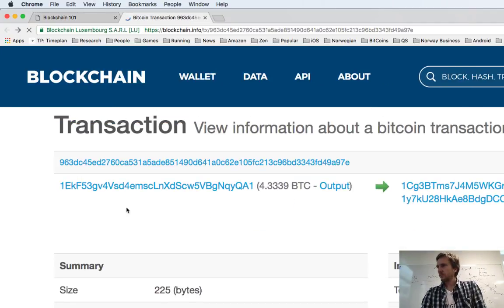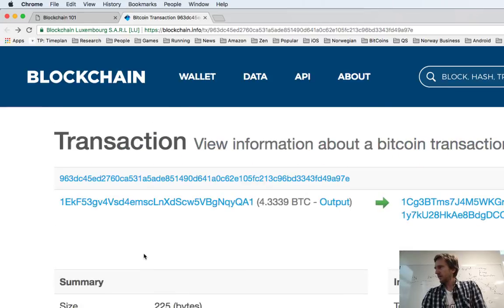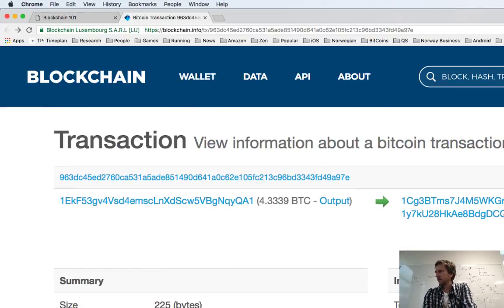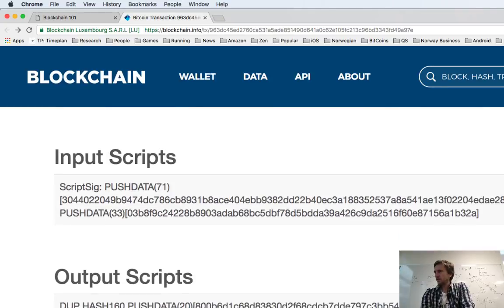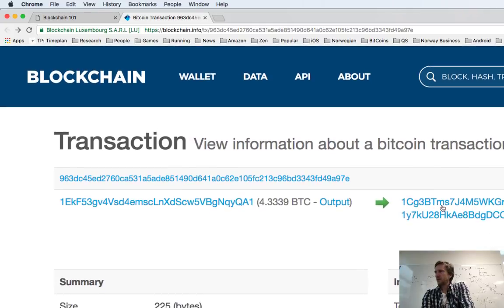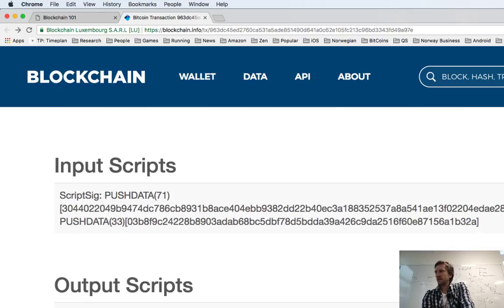If I go back and I have this original transaction spending the funds, I can see that I'm basically spending money to a public key, right? I have the public key encoded here and here, which are the equivalent of those two outputs.